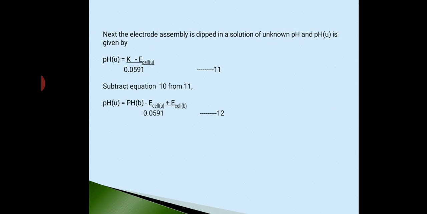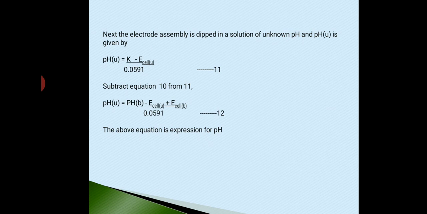Otherwise, it was pHu minus pHb, minus of K minus E cell U upon 0.0591, then minus of K minus E cell B upon 0.0591. K upon 0.0591 minus K upon 0.0591 gets cancelled. So the K term gets cancelled, and whatever remains is this. This is nothing but the equation for the pH. So the above equation is the expression for pH. This is how mathematically we represent the determination of pH of an unknown solution.